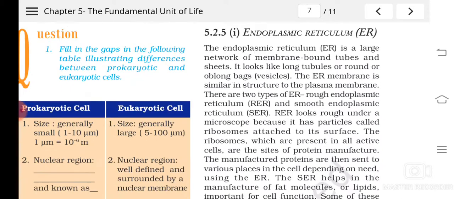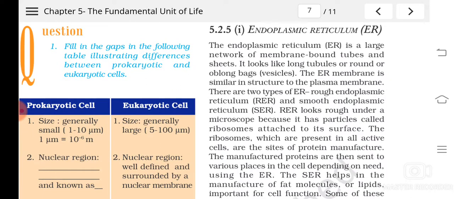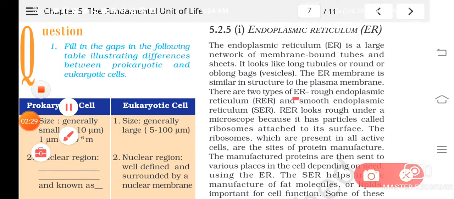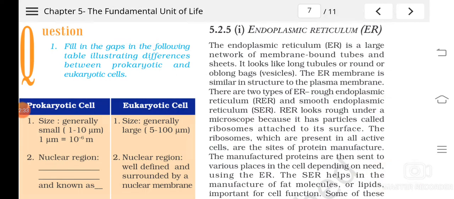It's a membranous structure, similar to the plasma membrane. There are two different types of ER, that is RER and SER. As they are membranous structures only, they look like tubes and sheets or bags.